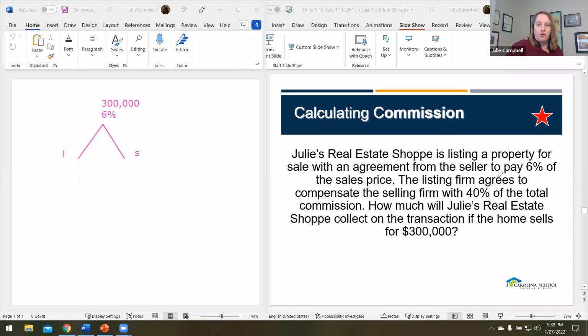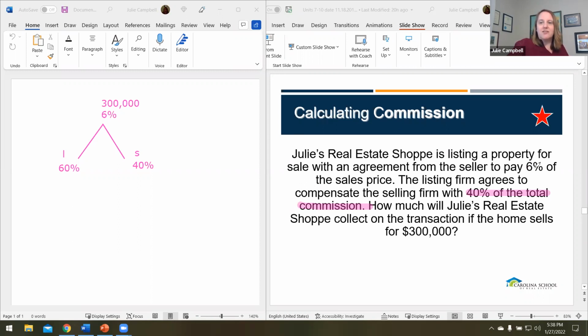So the listing firm is going to give the selling firm 40% of the total commission. So the selling firm is getting 40%, which means the listing firm gets to keep 60% for themselves. Of the total commission, do I know the total commission? Not yet.